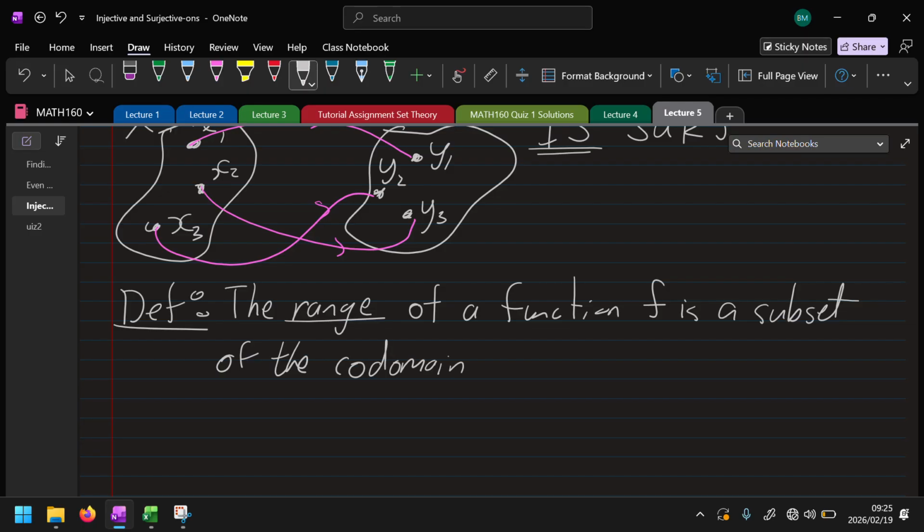Okay, so we have the codomain. The range is a subset, not just any subset, such that every element in the range has some element in the domain that maps to it.